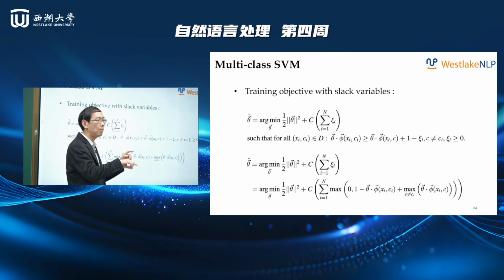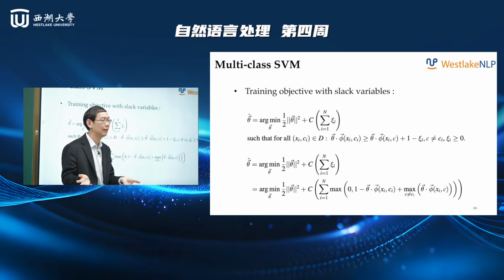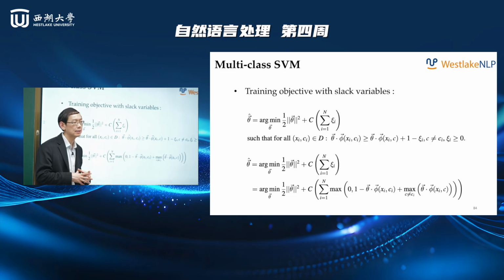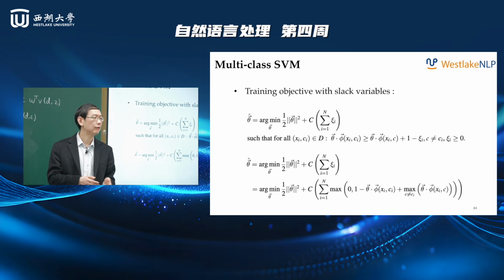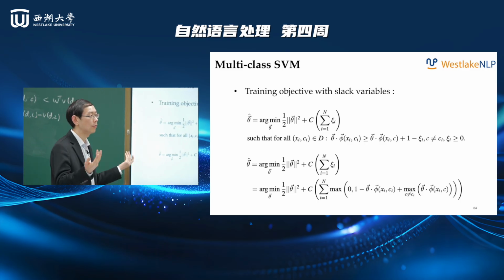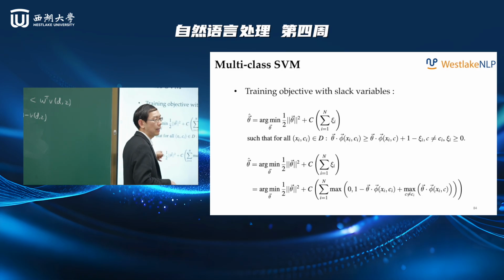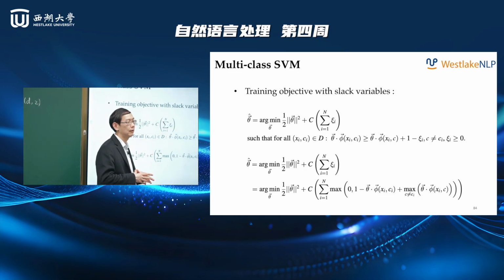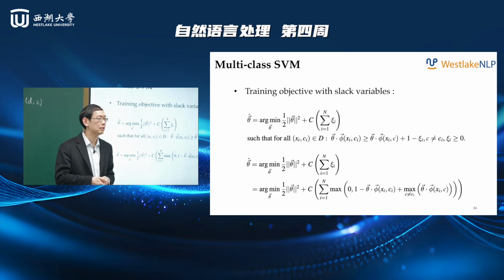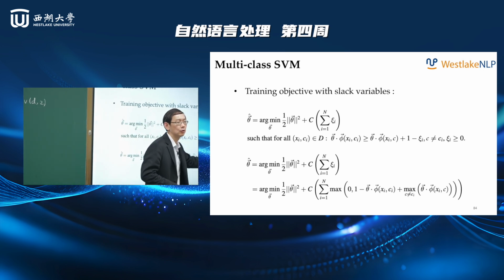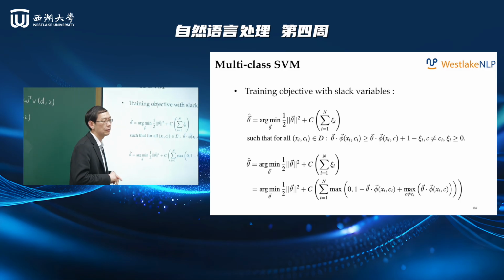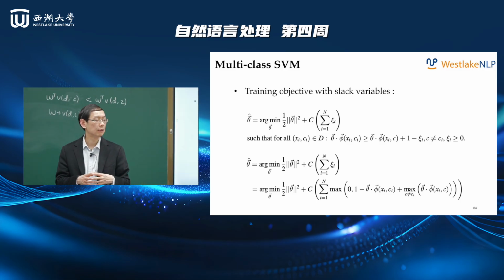I want 1 minus this thing to be the slack variable. If 1 minus this thing is smaller than 0, then we're fine, no violation, so max 0 on this thing. If this thing is more than 0, then we have a violation, and we want to minimize it. So this is the total violation, plus the original training objective.